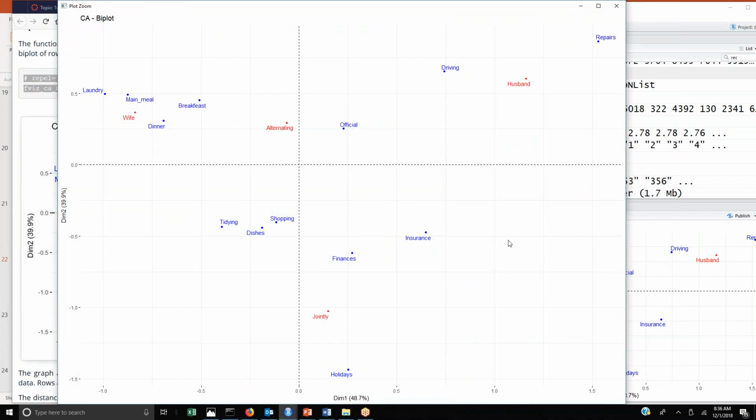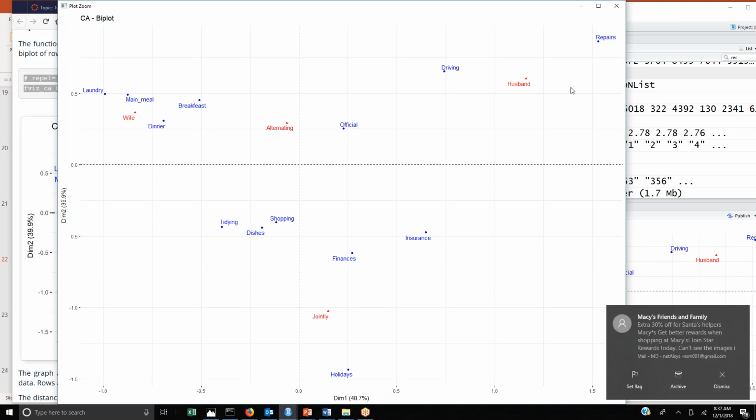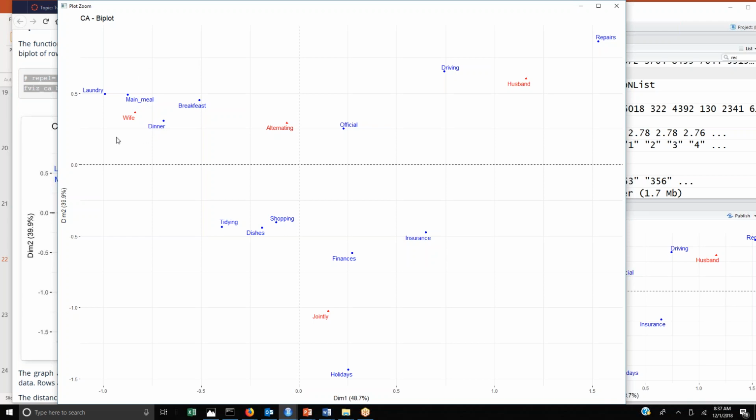Do you see that the husband category, where he matters most in terms of activities, is in this quadrant, and wife is separated out on the other side? Isn't it beautiful? Jointly is presented here in the bottom.